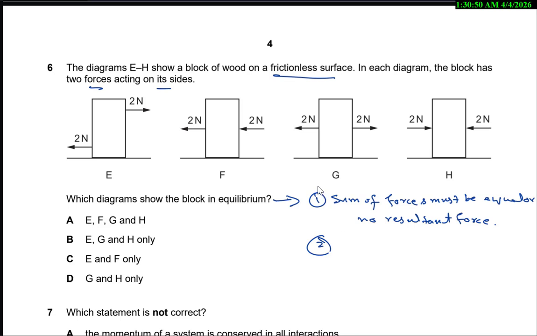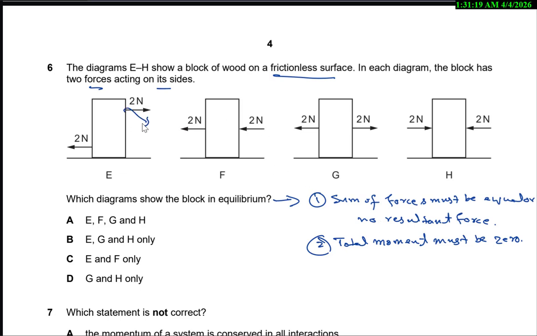And number two, the total moment, or no net moment, should be there. Total moment must be 0, right?